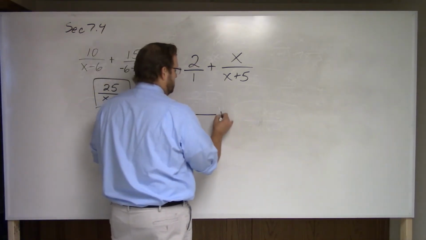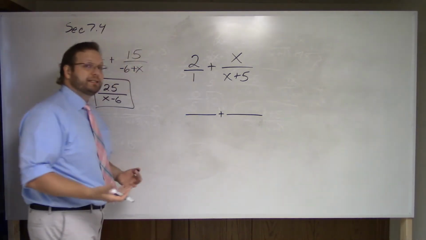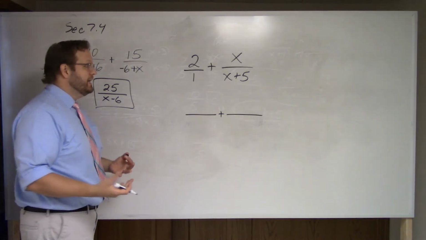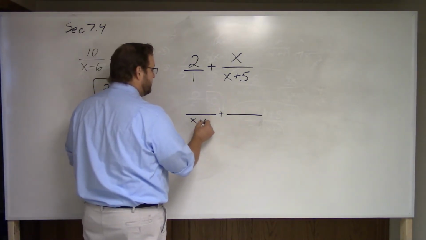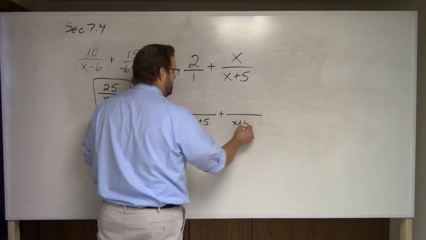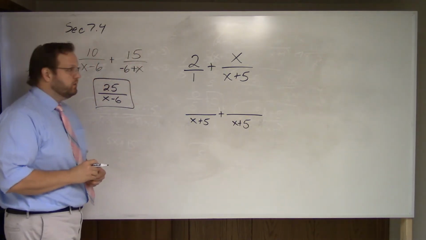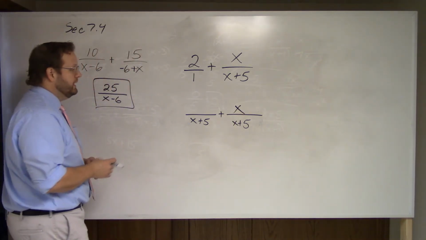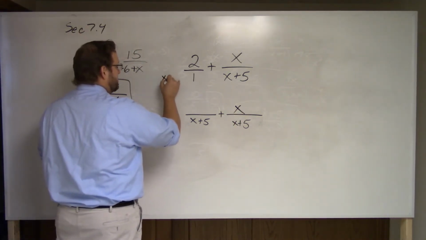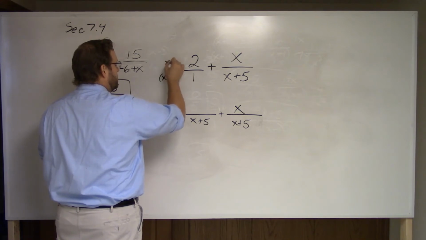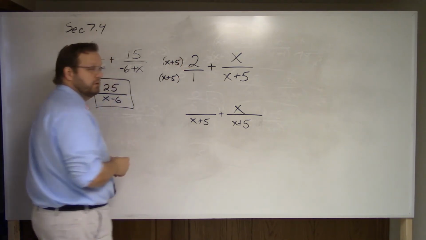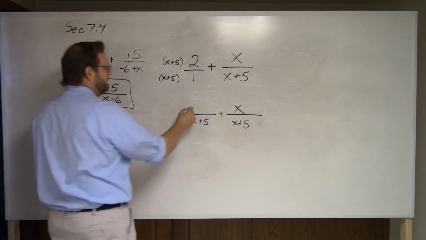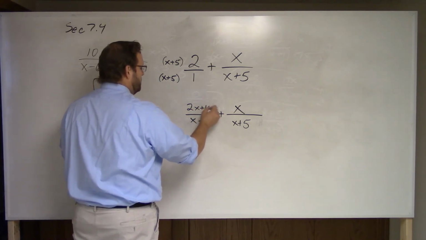Now, remember we're adding, so we need to decide what the LCD is. In this case, it's that x plus 5, like so. This already has it, so I just bring it down. This is missing the x plus 5, so I put it in the top and the bottom, and then I distribute that too. So I've got 2x plus 10.